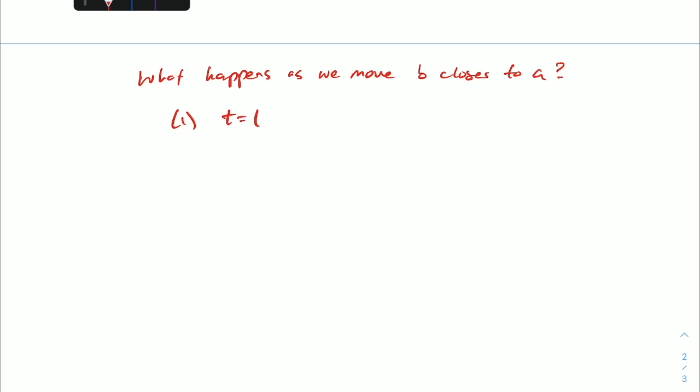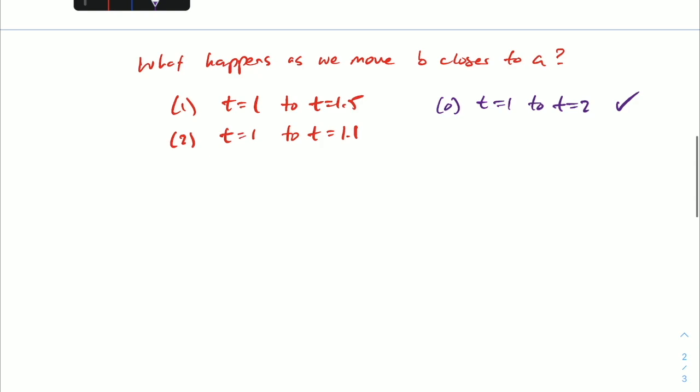Let's look at t from 1 to t equals 1.5, and then t equals 1 to t equals 1.1. You'll recall we had as a first part, like a 0 step, t equals 1 to t equals 2. We already did this. So now we're moving the 2, the right endpoint, B, even closer to 1. So it's moving from 2 to 1.5 to 1.1, and we're seeing what happens.